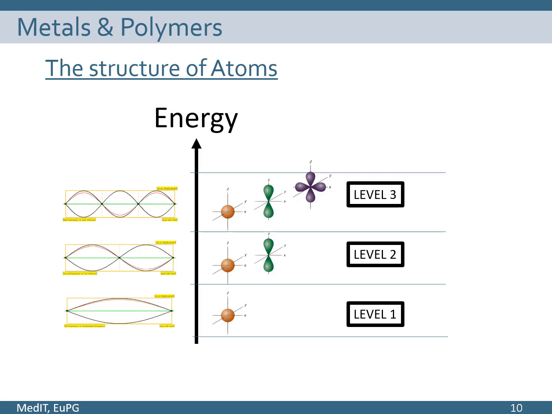I haven't put them on the slide, but please keep them in mind. We have three p orbitals here. So one s and three p orbitals in level 2. Now, what about level 3? Here we have one s orbital, three p orbitals, and 5 d orbitals.